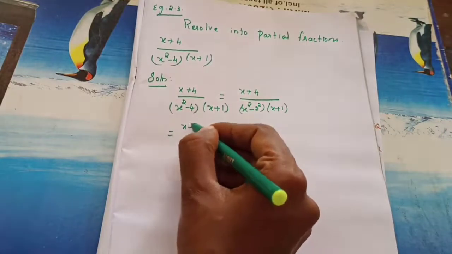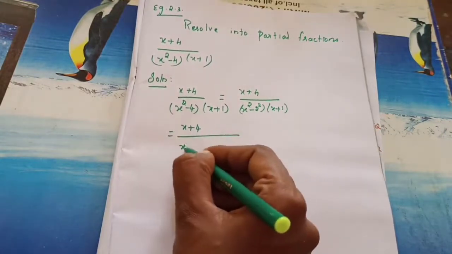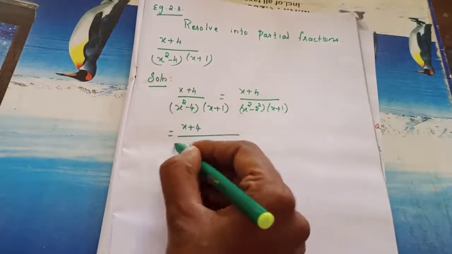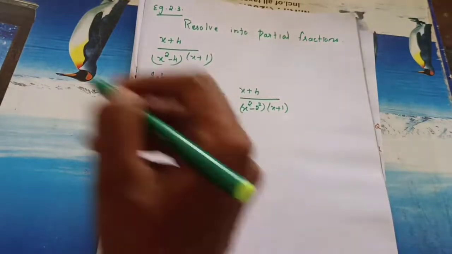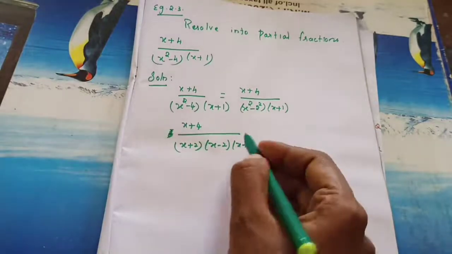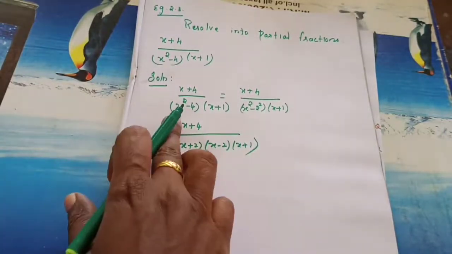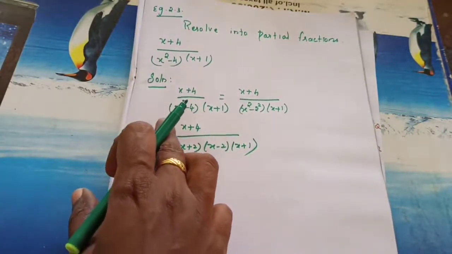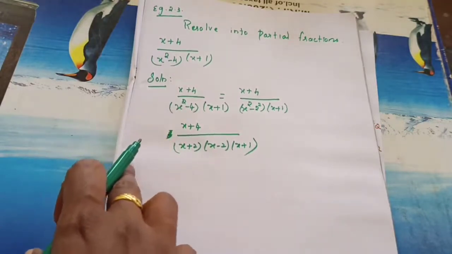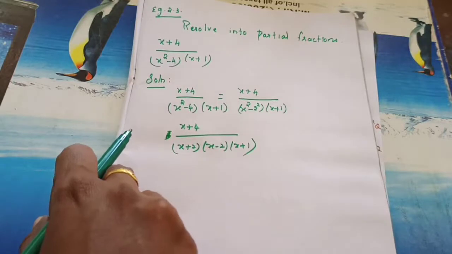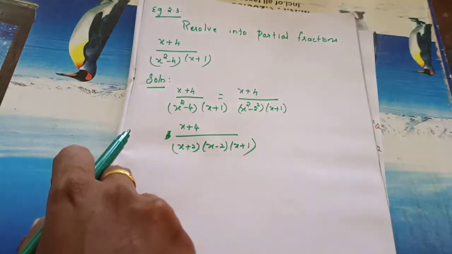Next step, how can you simplify? (x plus 4) divided by (a plus b) into (a minus b). We got it? So what I did, we need to make this a factor. So x square minus 4 means a square minus b square, correct? So (a plus b) into (a minus b). So (x plus 2) into (x minus 2) into (x plus 1), correct?